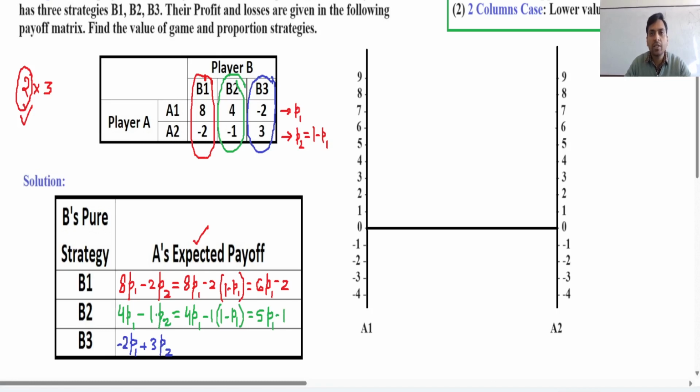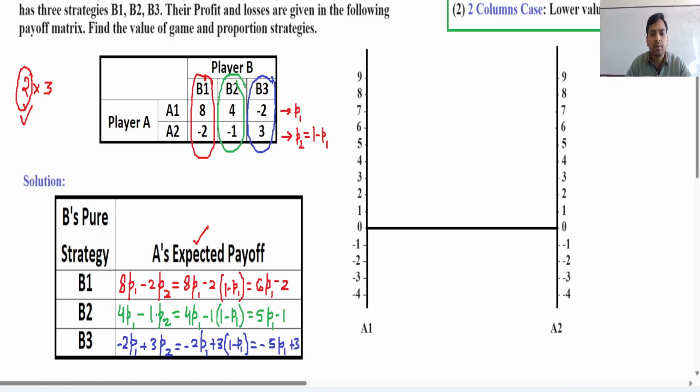And the third strategy is minus 2P1 plus 3 into (1 minus P1). So we can write this as minus 2P1 minus 3P1, so this becomes minus 5P1 plus 3.